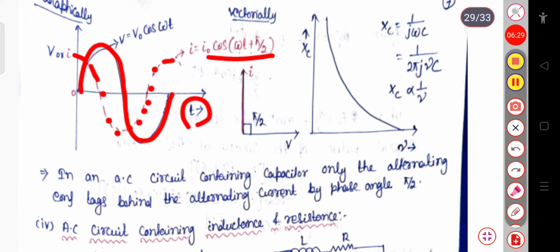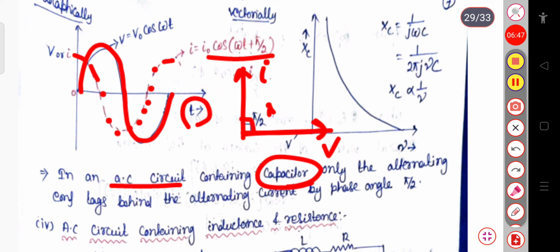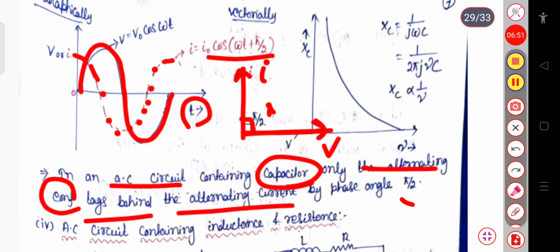Because in an alternating current circuit containing only a capacitor, the alternating EMF lags behind the alternating current by the phase angle pi by 2, or we can say the alternating current leads the alternating EMF by pi by 2. Here you can see the current will lead by pi by 2 with respect to this potential.